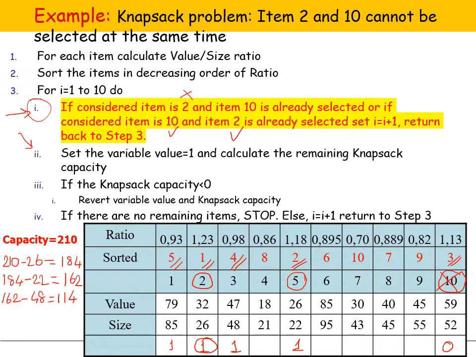So we increase its variable value to 1, and 114 minus 85, the remaining capacity is 29. Okay, and we still have a remaining capacity.